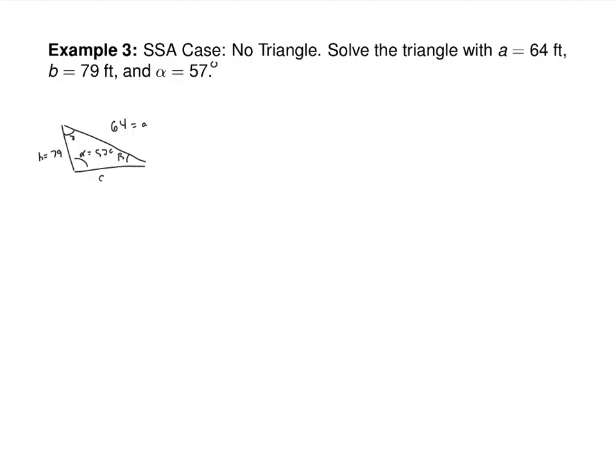So let's start the same way and try to find beta. We have sine of alpha over A equals sine of beta over B. So that's sine of 57 over 64 equals sine of beta over 79.